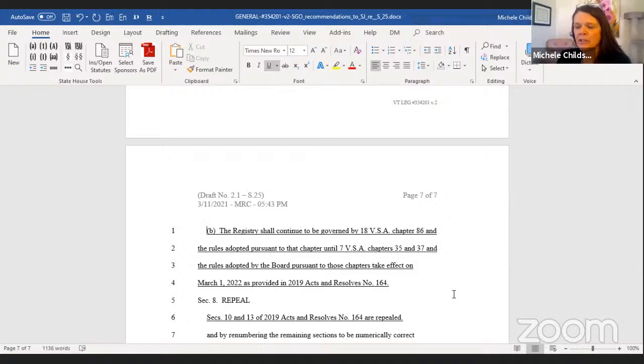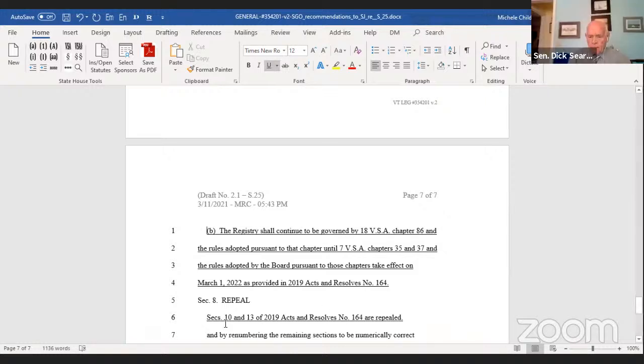I consulted with a few folks because I had never done this before, where you move a program or an entity to another department but they still operate for a certain period under the old rule. My understanding is that you guys have done that a few times. So until the new ones take effect in March, they would still operate under the old laws, but they would be under the Cannabis Control Board.